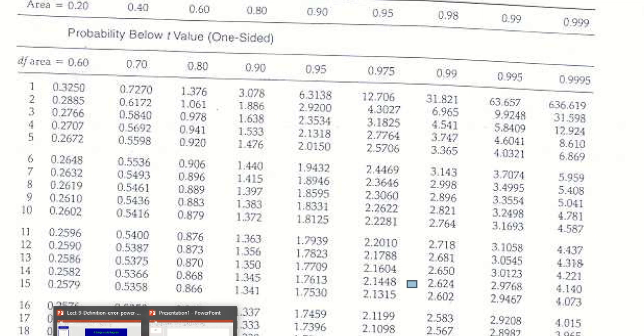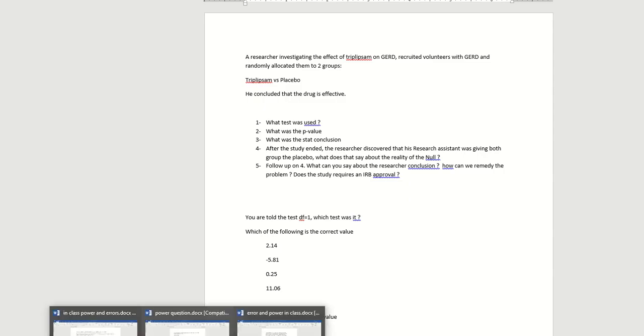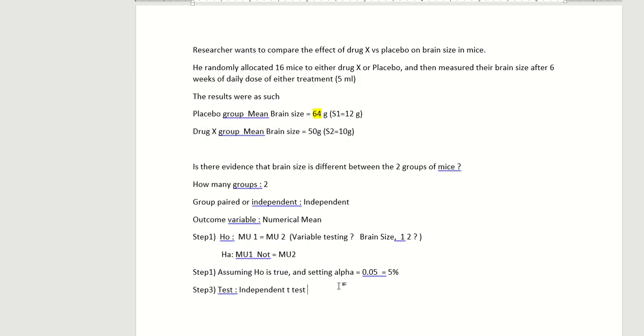All right, so let me go back to my actual calculation. So where was it? Right here. Okay, so the independent t-test came out to be equal to 2.535. Step number 4, we had to find the p-value, and I'm going to write the definition of the p-value.